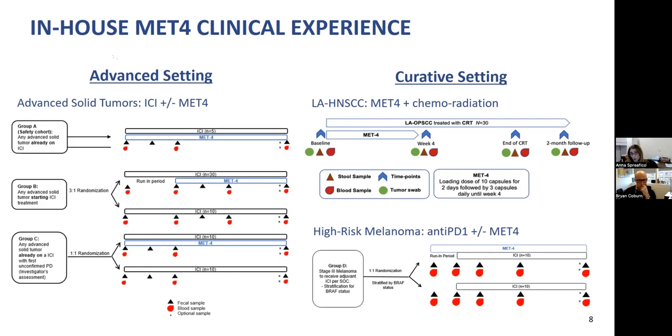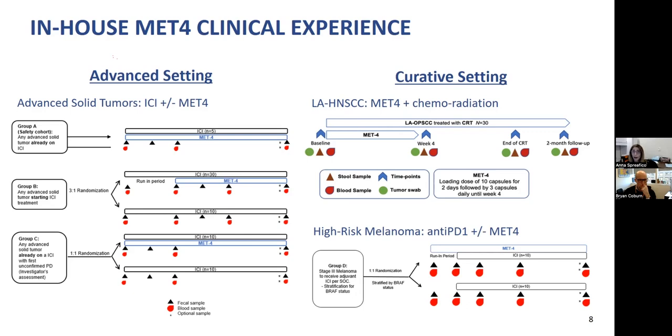We also have used this novel microbial consortium in the locally advanced curative setting. So these are head and neck cancer patients who were receiving chemoradiation as their curative treatment, and they've been exposed to MET4. Lately, we also have been using MET4 in combination with immunotherapy in patients with melanoma, but curative disease.